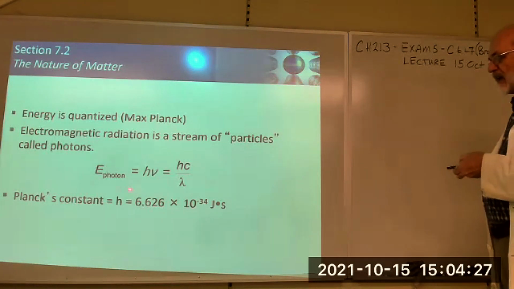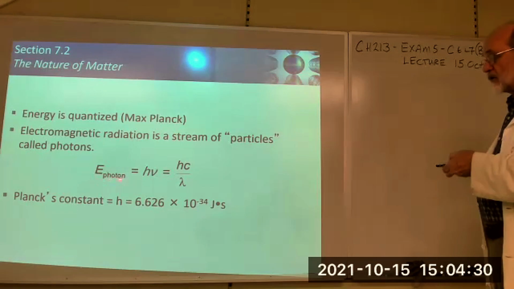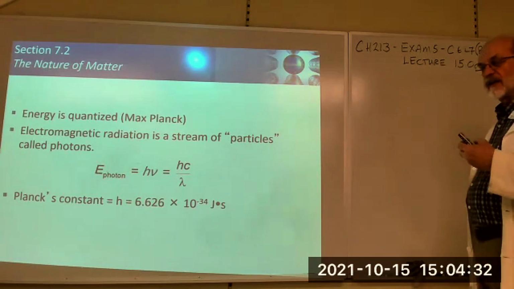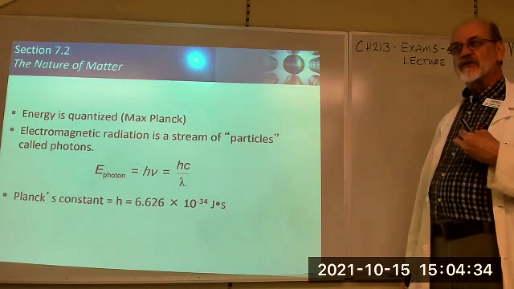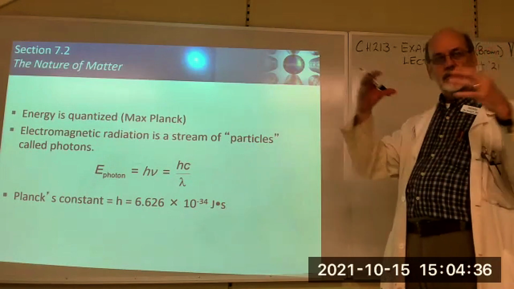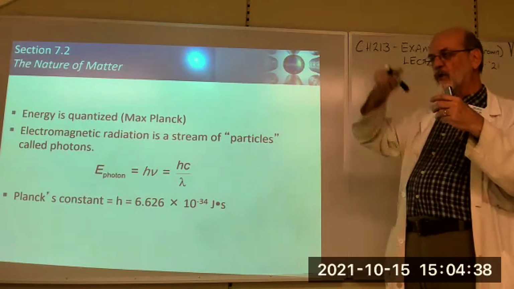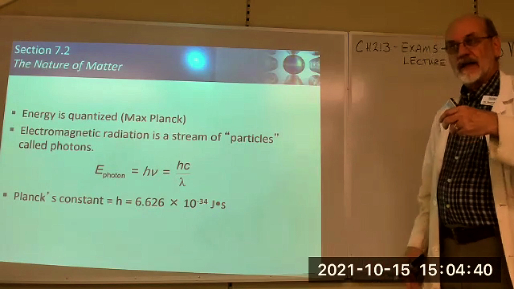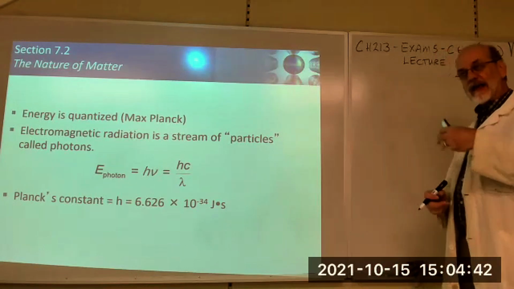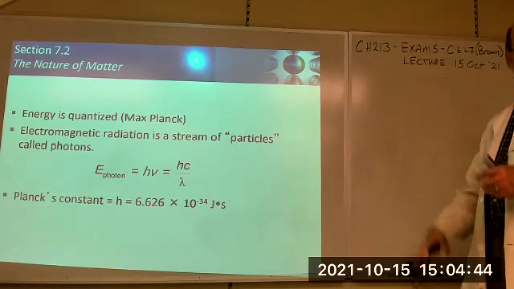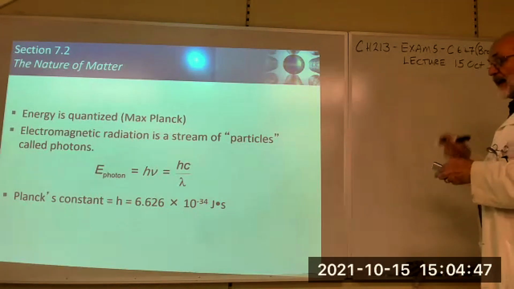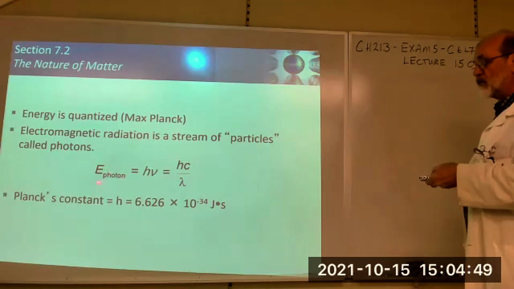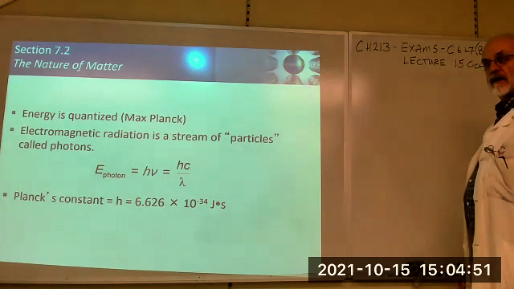Now that's going to be the key, because the energy of the photon is directly related to electronic transition in the structure of the atom. When it moves from one position to the other, then that amount of energy is either absorbed or emitted. So that's the connection, this right here, with the movement of electrons in the atom.